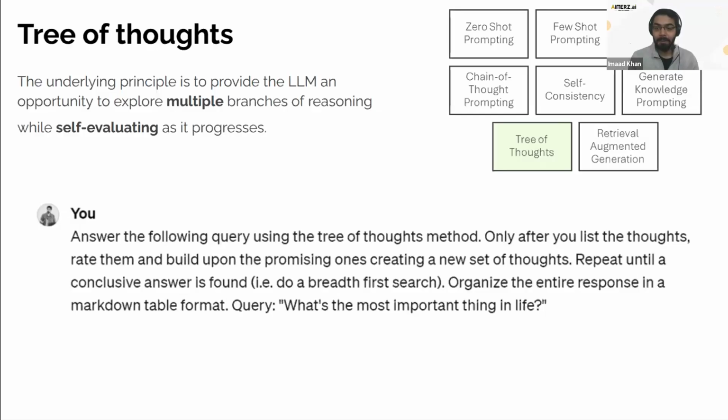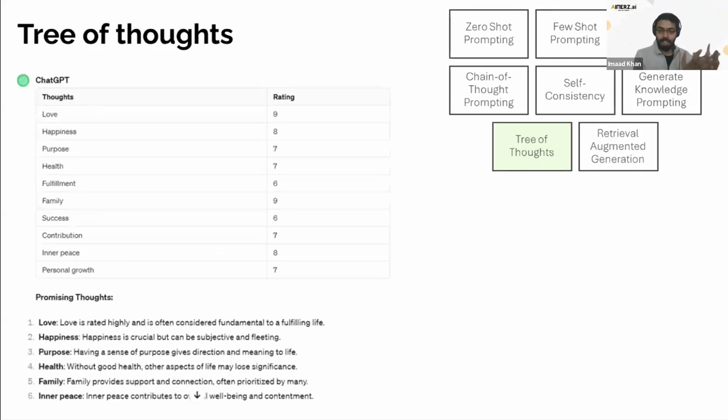Let's really go back to our slides and see how ChatGPT does it, right? So it comes up with a set of thoughts that it considers for the most important things in life, and it gives its own rating: love, happiness, purpose, health. We see some of these in your answers as well: fulfillment, family, success, contribution, inner peace, personal growth.